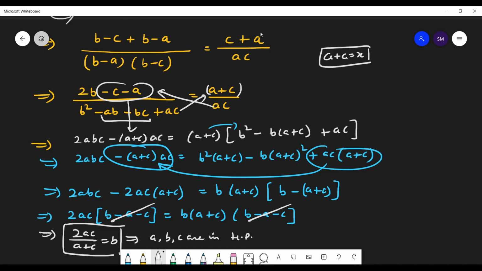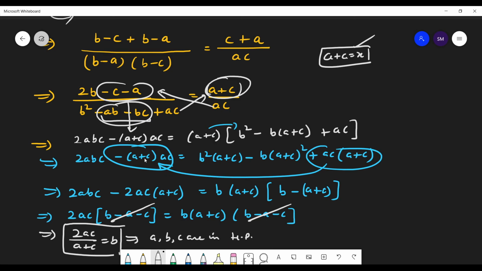So students, here the trick was that as it was written that a plus c is not equal to b, I have seen here that a plus c here, a plus c here, a plus c here. So just get those a plus c as one term.